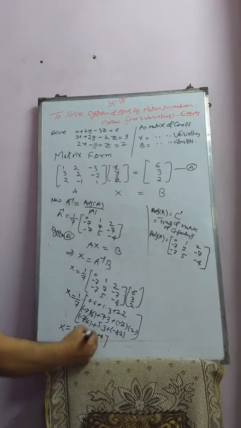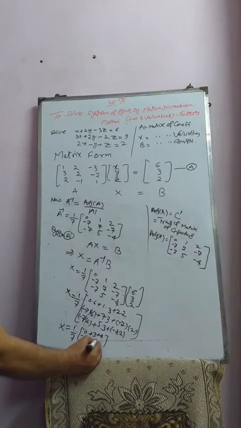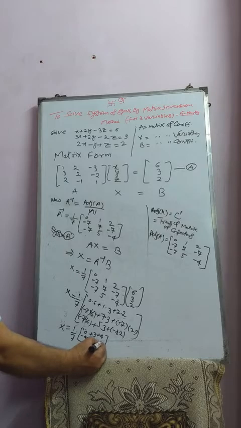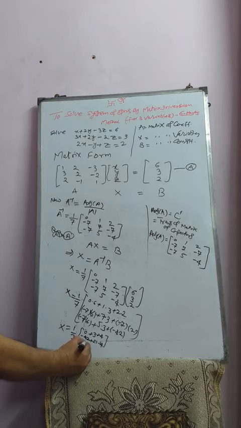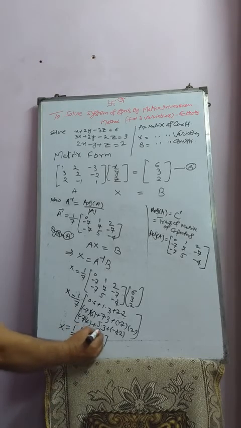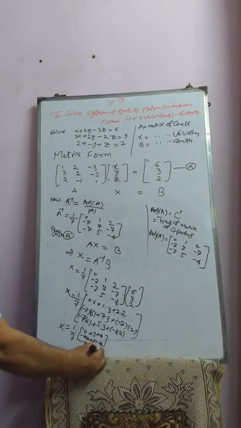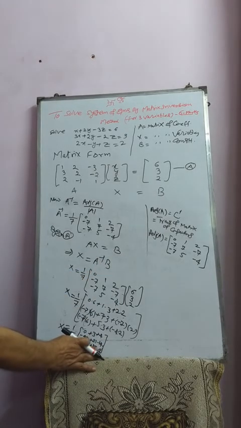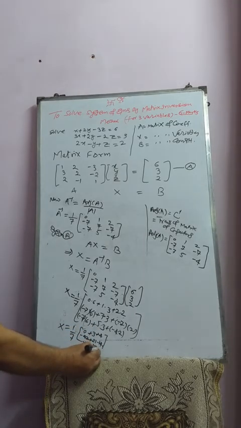This is minus 42 plus 21 minus 14, again minus 42 plus 15 minus 8.